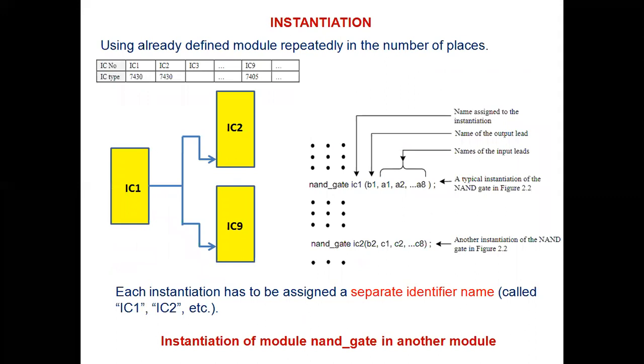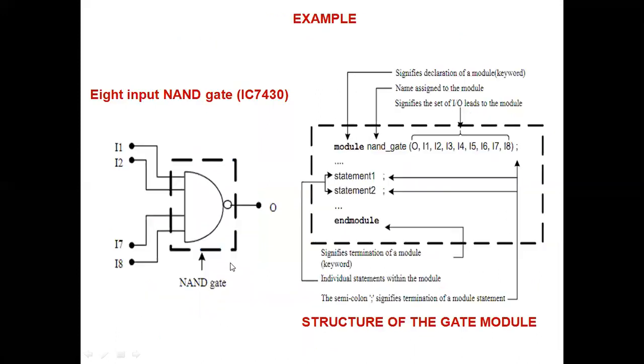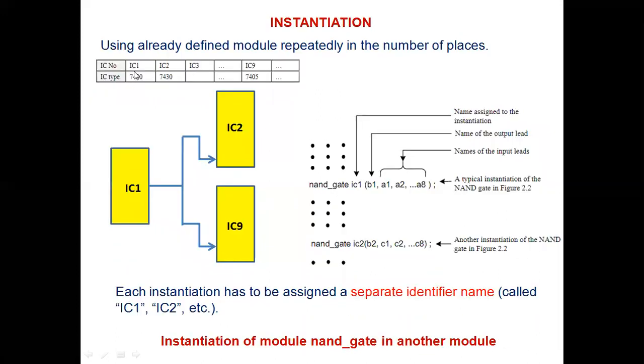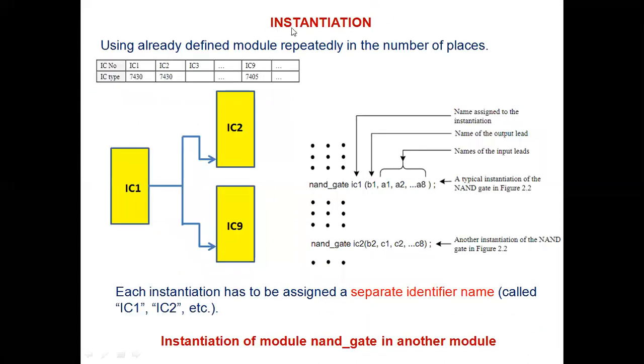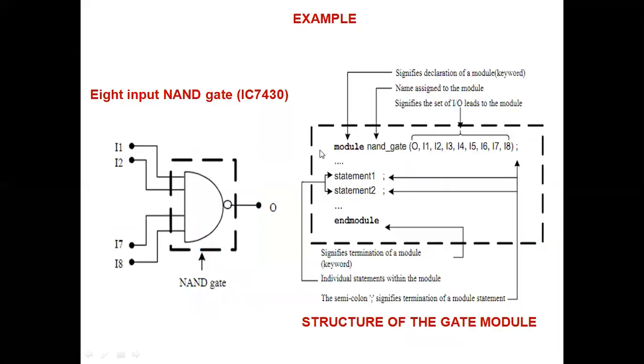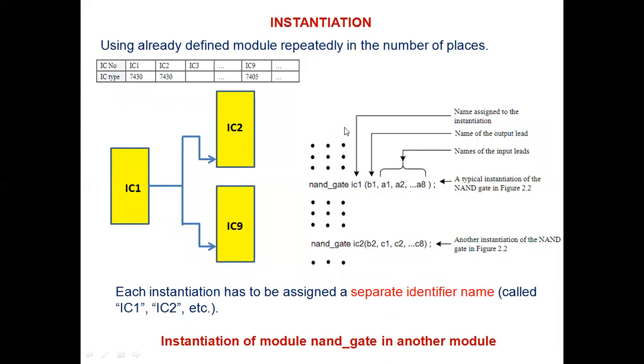Then what do you have to do? In this particular example, since the IC7430 module is already designed and available with you, you will instantiate this module into your program.